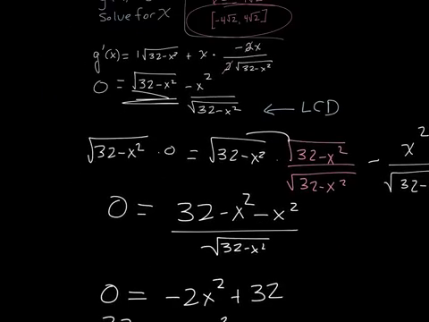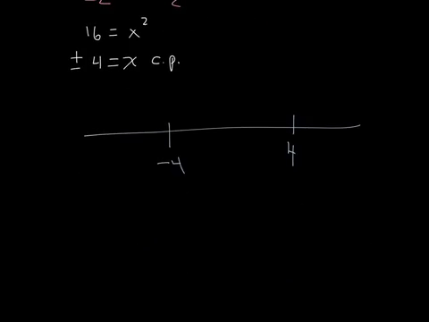This actually ends here at -4 square roots of 2 and at 4 square roots of 2. If you want to put that in the calculator and get an actual number, you could, so you know the actual value there. So these are my endpoints of my interval.